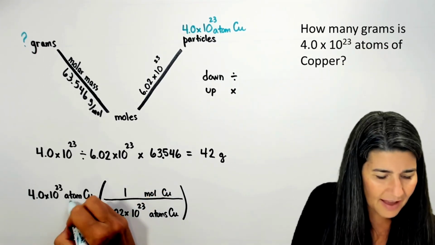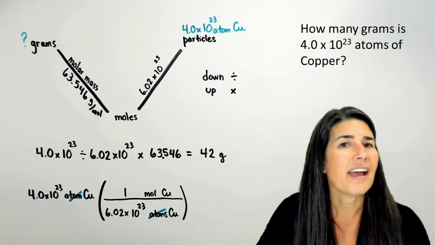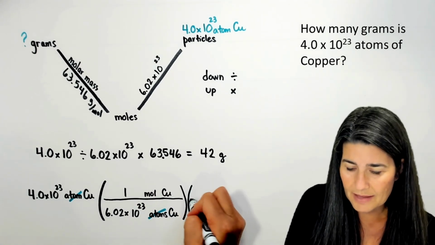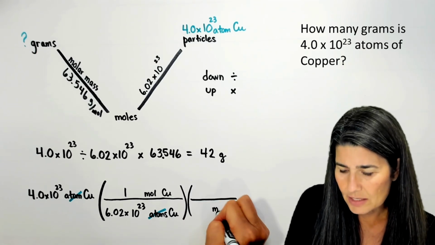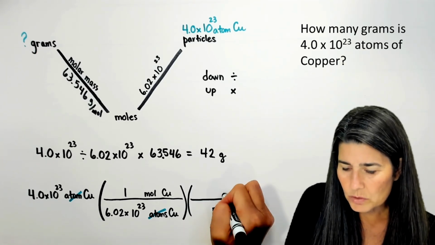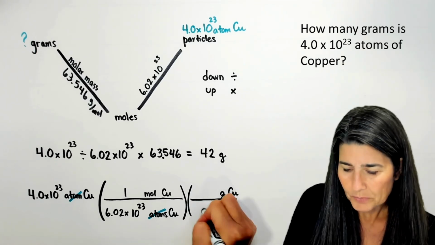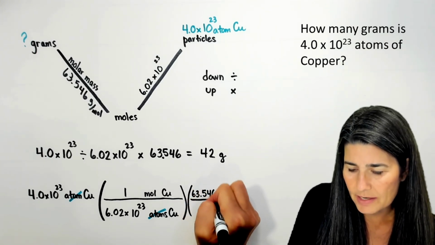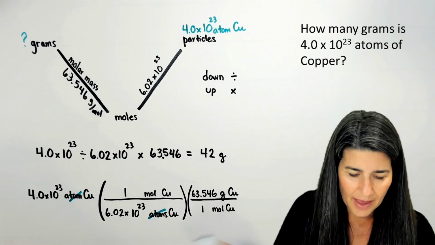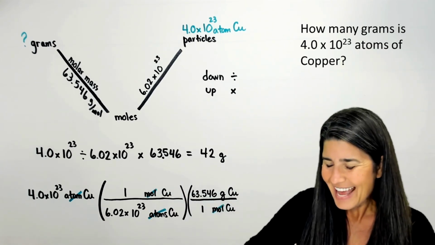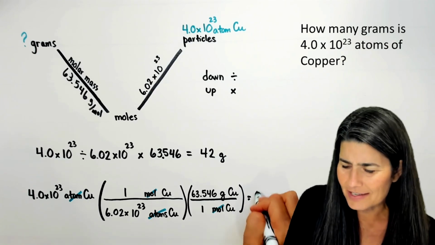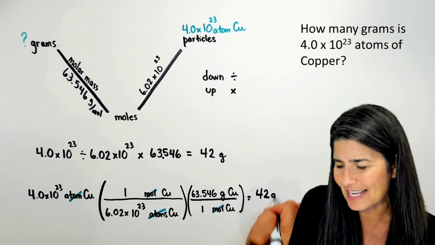At that point, atoms would cancel out. Then you'd need to get rid of moles, so we'd put moles on the bottom, and then we'd go to grams of copper. 1 mole is 63.546 grams. Moles would cancel out. If you took all of that on your calculator, you'd get the exact same answer.